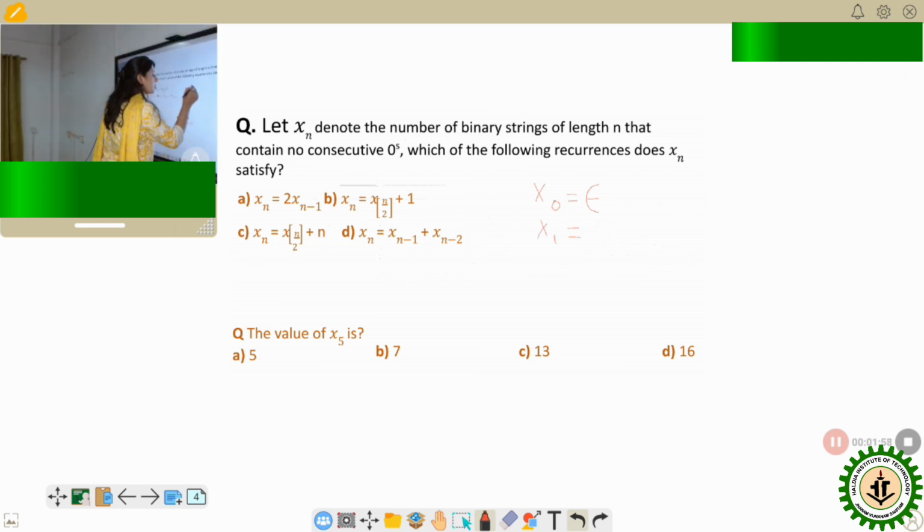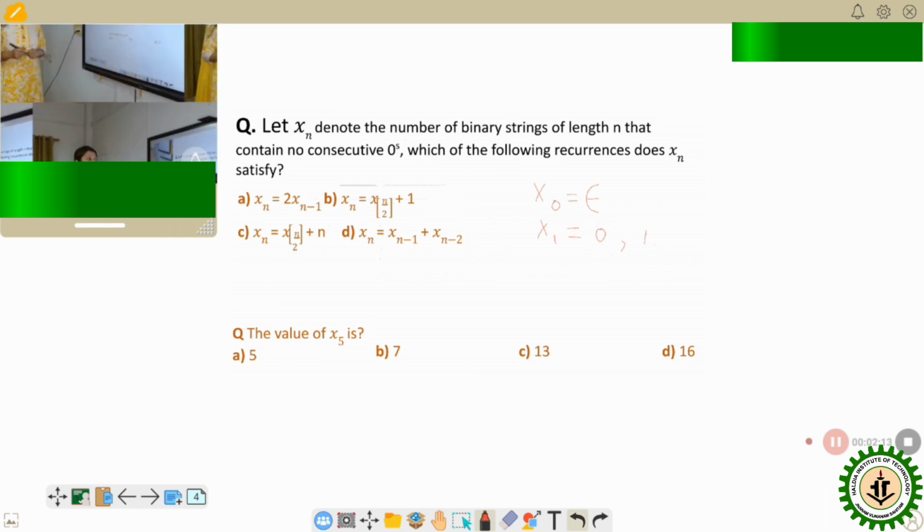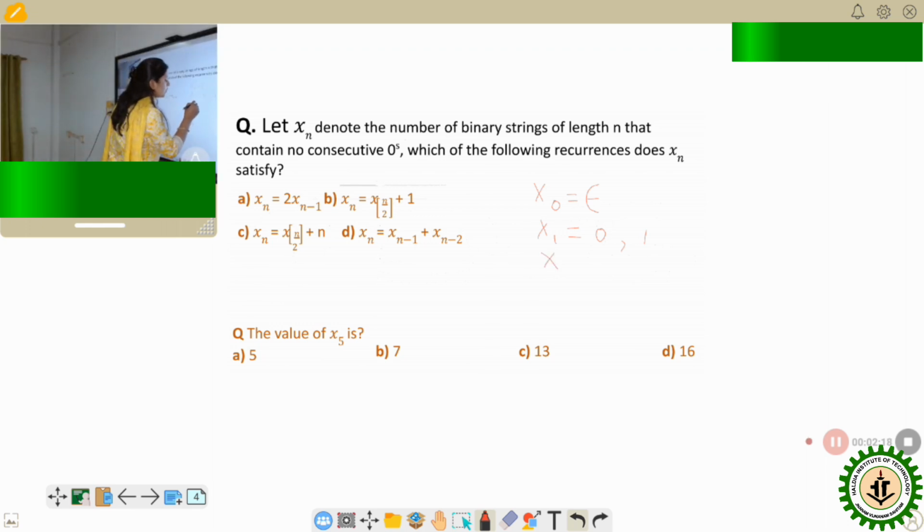Second one, x1. x1 means the length of the string will be 1, so x1 contains 0 and 1, so also there are no consecutive zeros. Next, x2. x2 means the length of the string will be 2, that means 00, 01, 10 and 11.